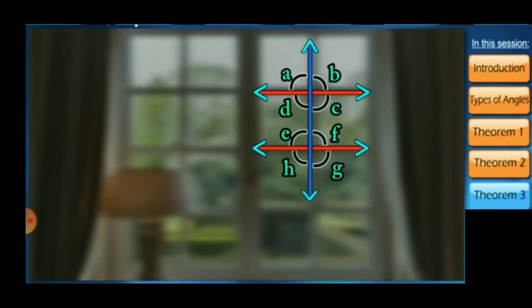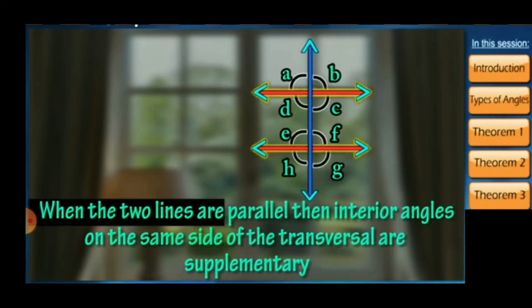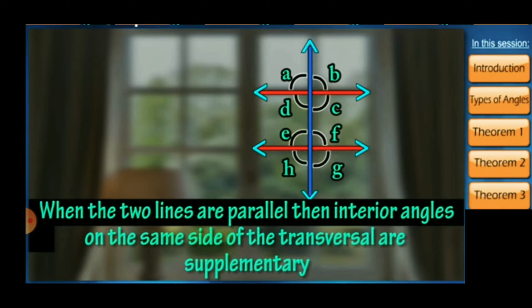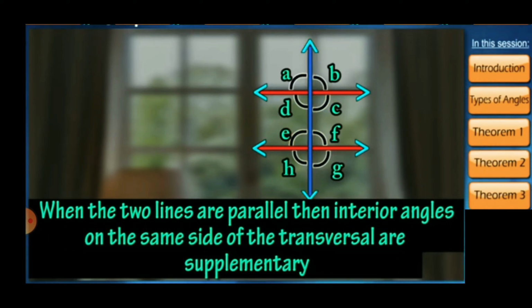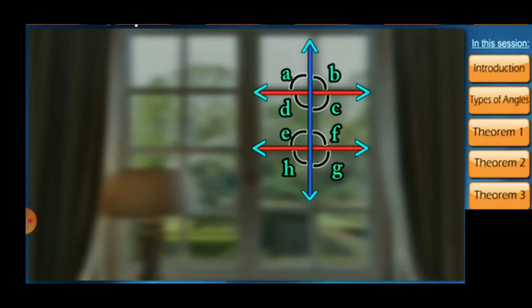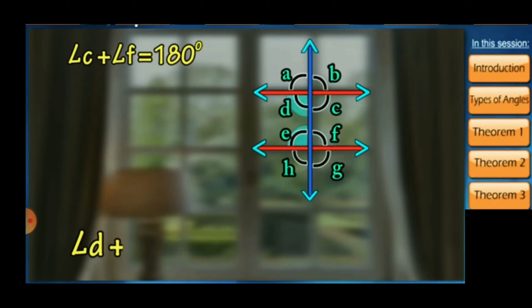And we have one more property about interior angles, which says that when the two lines are parallel, the interior angles on the same side of the transversal are supplementary. It means that angle C plus angle F is equal to 180 degrees, and angle D plus angle E is equal to 180 degrees.